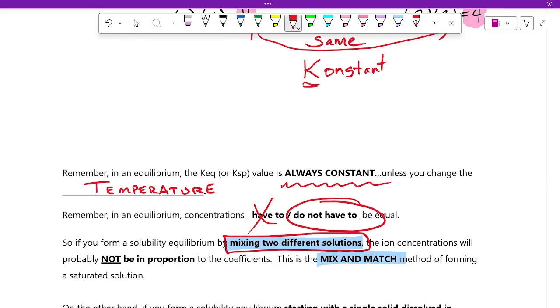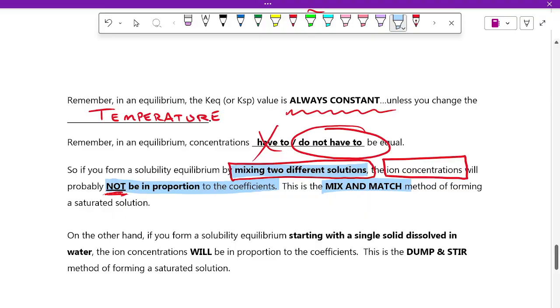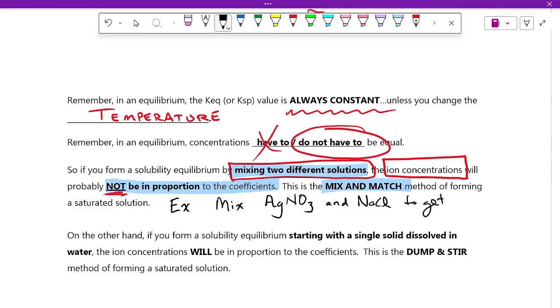The ion concentrations will not be in proportion to the coefficients. So this would be, for example, mix AgNO3 and NaCl to get AgCl solid.